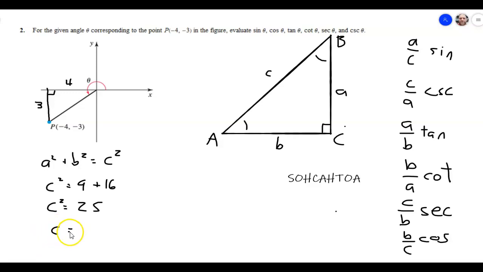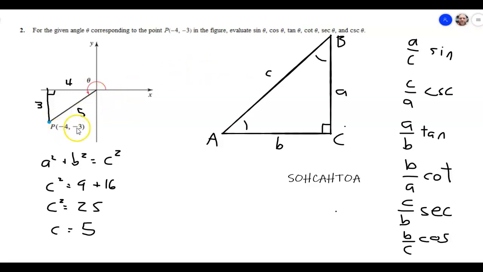Remember, we're only trying to find a distance here, so I'm only looking at the positive solution, because normally it would be plus or minus 5. So this length is 5. You may have already known that, because 3, 4, 5 is the most common special triangle. Special triangles are triangles that have all integer solutions for the legs and hypotenuse.